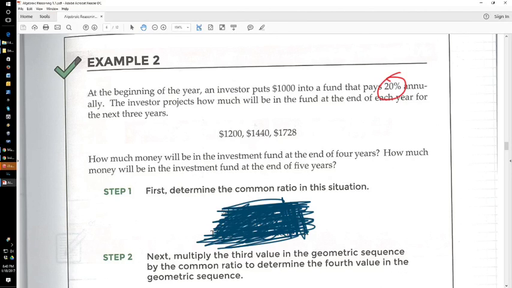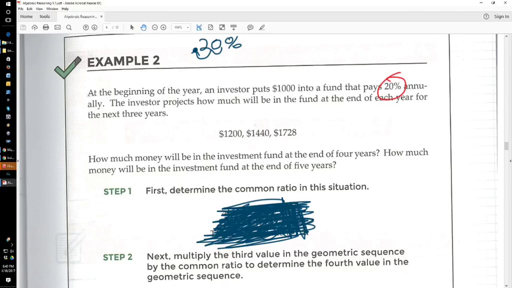So, we're putting $1,000 in, and it goes up by 20% annually. All right? So, 20% as a decimal. Remember, to get a decimal for percentage, we move it once, we move it twice. That's how we use it as a decimal.